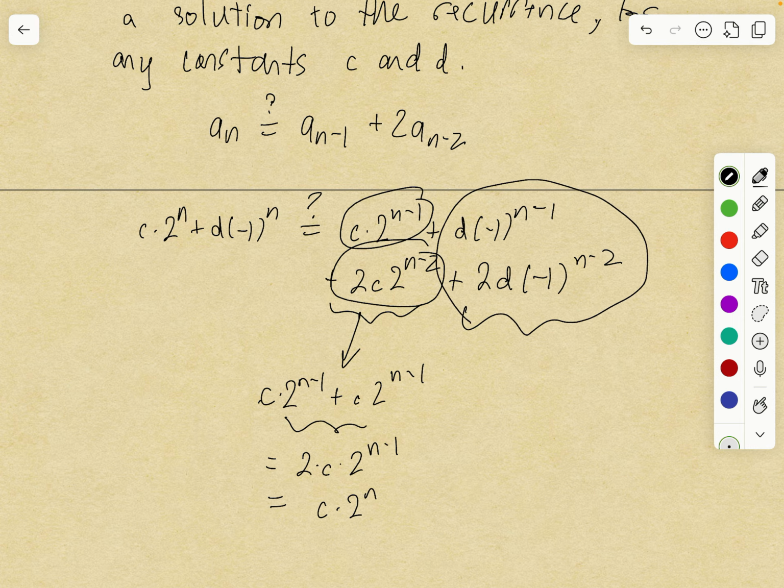And now this one, that is going to give you... I mean, one can check this just if n is even, and if n is odd, right, you break it into two different cases and check that you get the same thing.